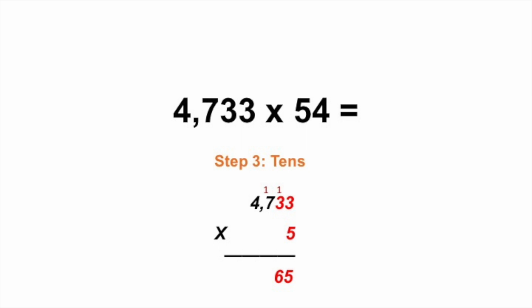5 times 7? Plus 1? Equals 36. So we carry the 3 and write the 6. 5 times 4? 20. Plus 3? 23.